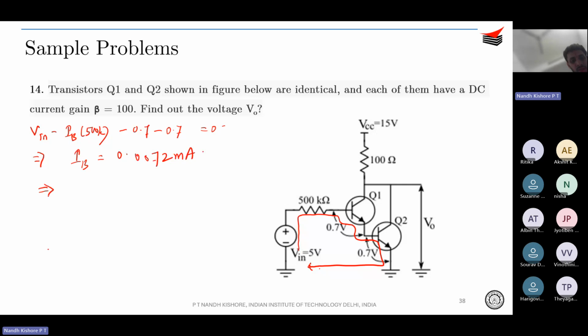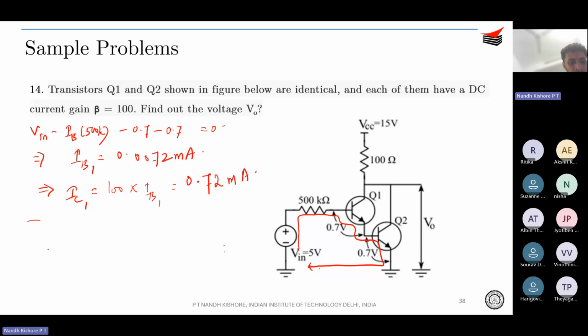Therefore, your IC, or I should call it IC1, is going to be beta times IB1, that is 100 times IB1, right? So it's going to be 0.72 milliamps.